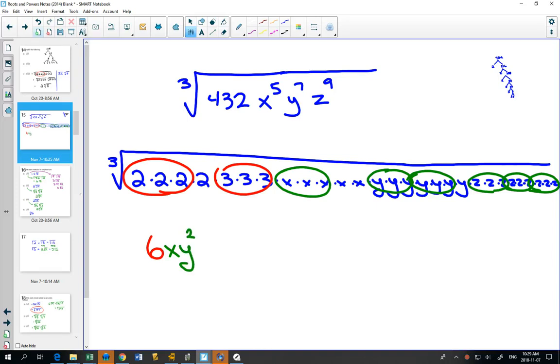No, because it would be y times y, which would be y squared. And then how many z's could I bring out? Z to the 3rd. What do we have left inside? 2x squared and a y. And this is simplified.